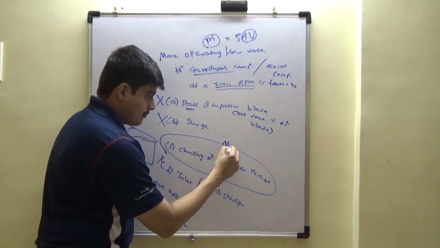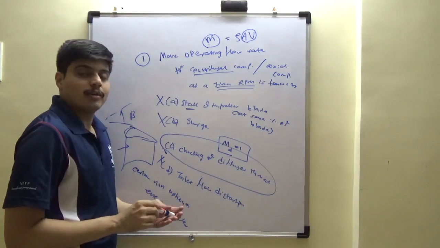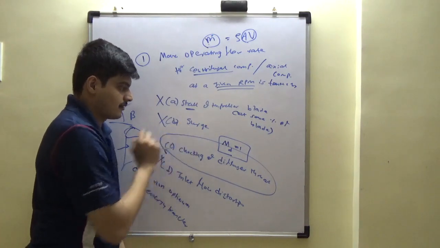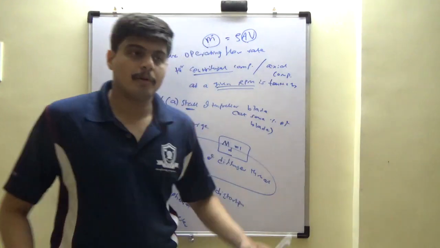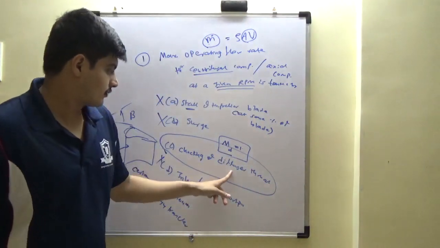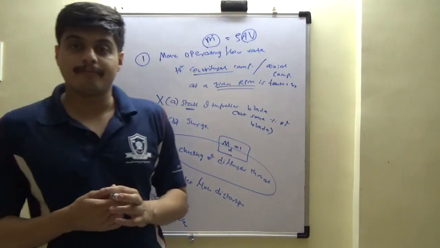The moment M diffuser becomes 1, no matter how great optimization you do on these and this, you cannot move anything further. Because of the compression diffusion choking, you cannot do more mass flow.